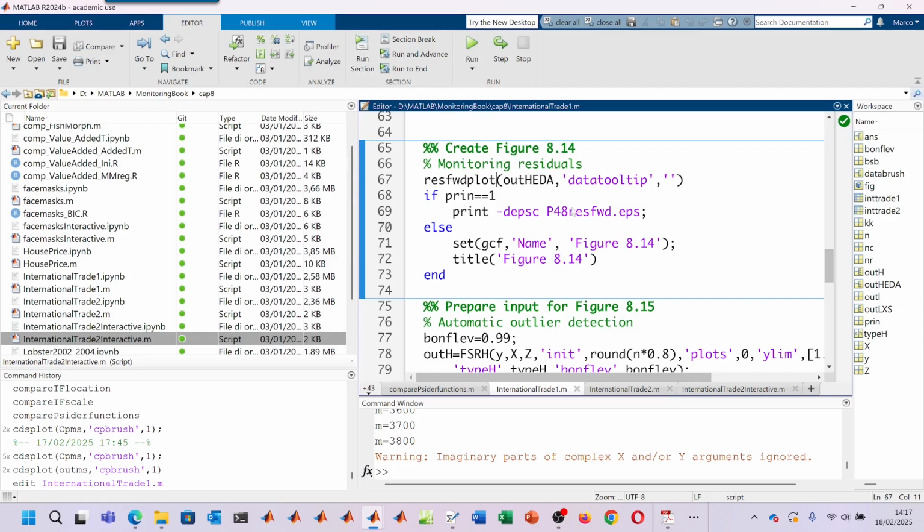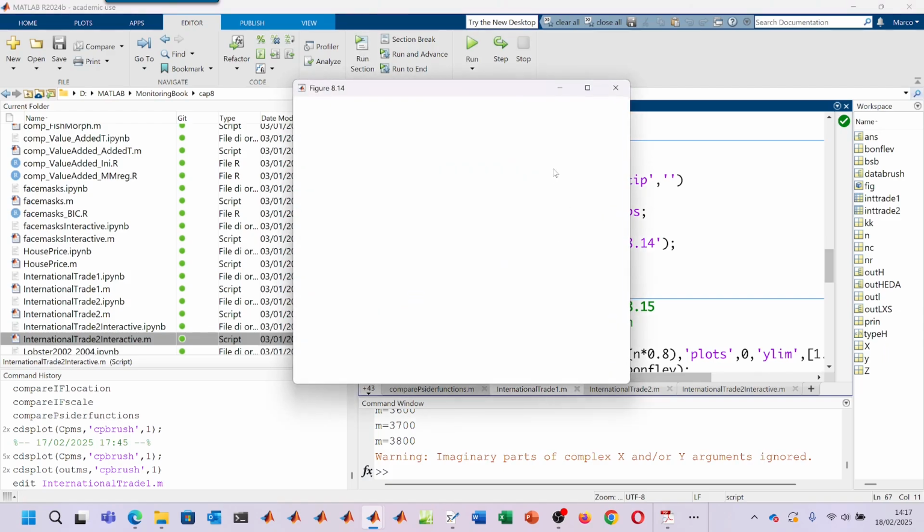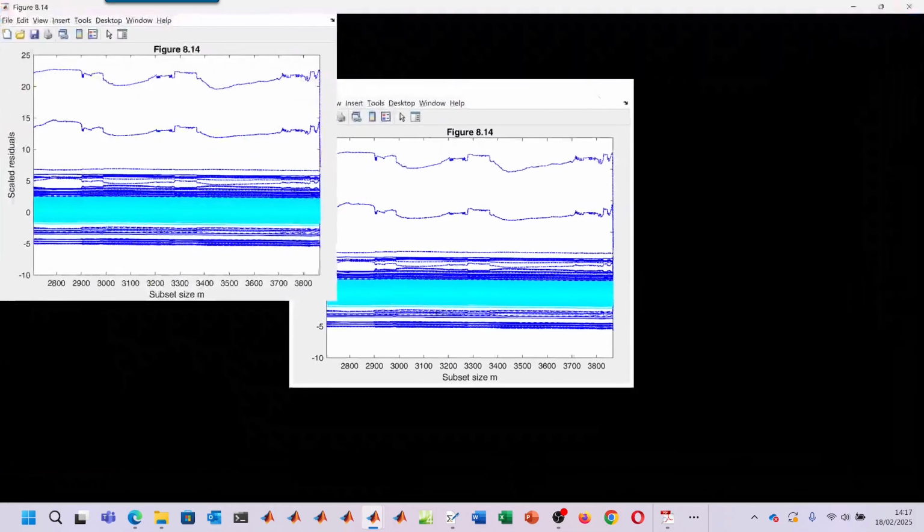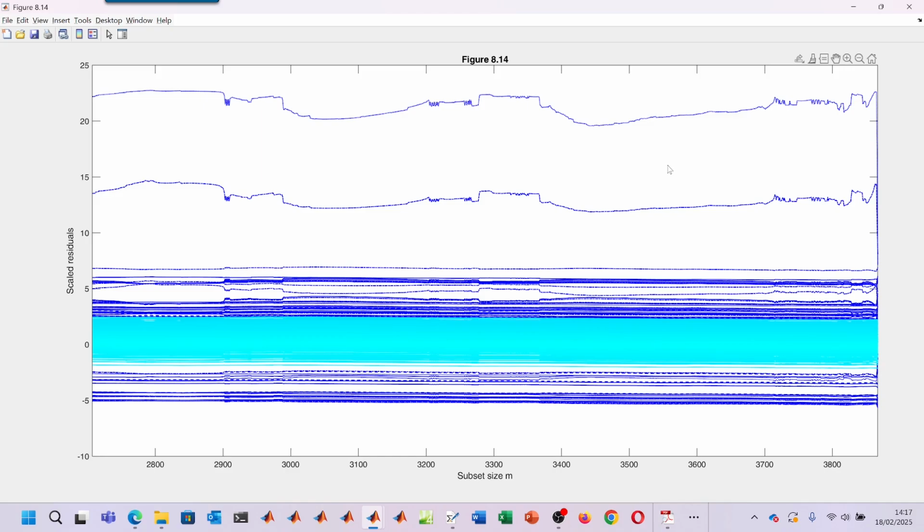Now we move to the monitoring of residuals, and then we create figure 8.14. The statistical analysis in figure 8.14 shows the monitoring plot of the scaled residuals in the scale space of weighted y and weighted x. The plot is very stable over most of the forward search, showing the two extreme outliers for low values of x that are a feature of figure 8.12.